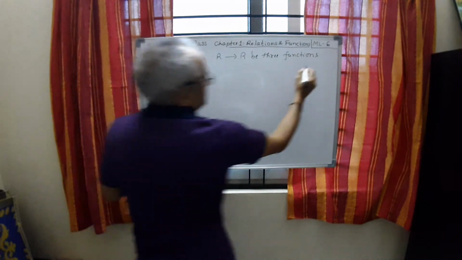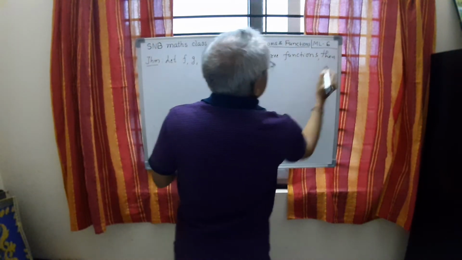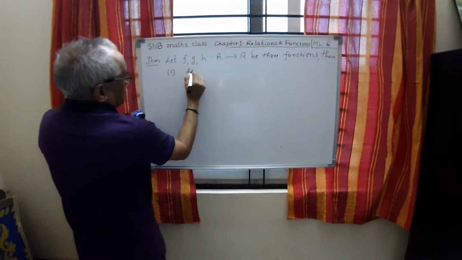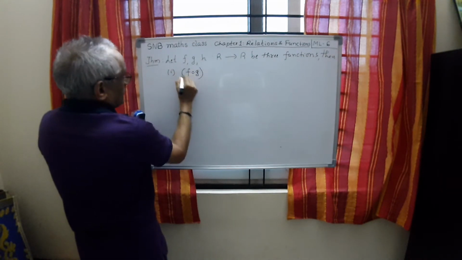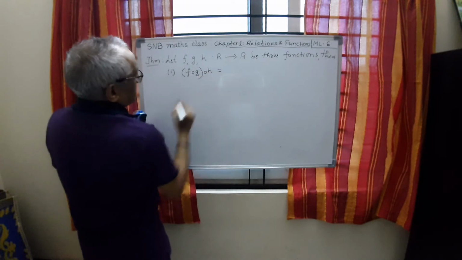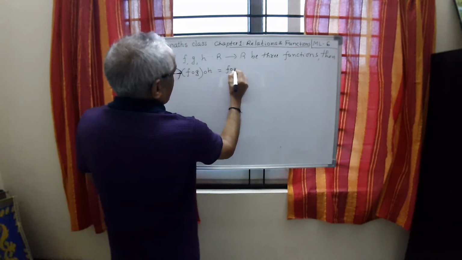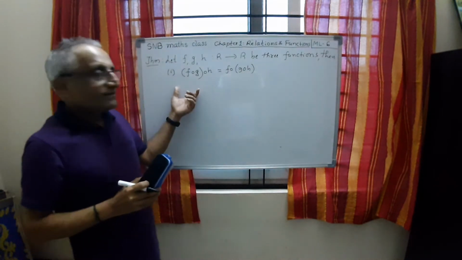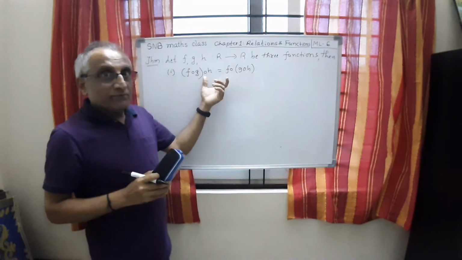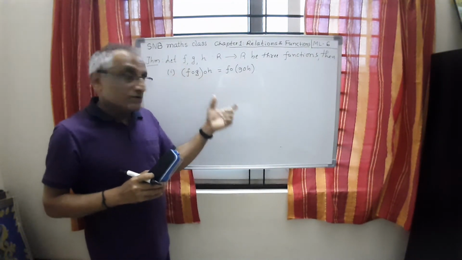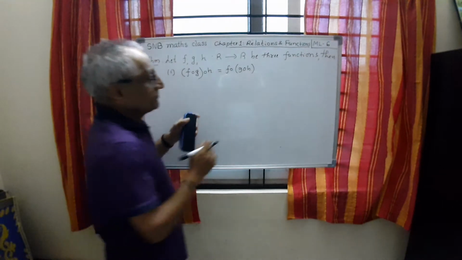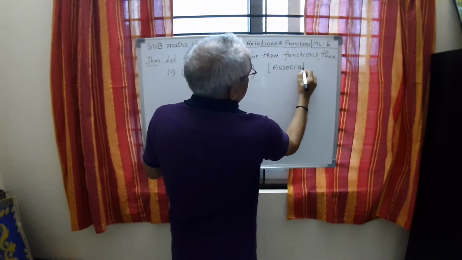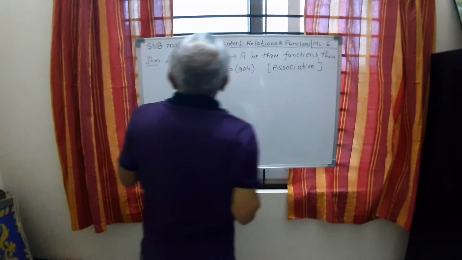Then the first one is (f of g) of h is the same as f of (g of h). This means it is associative. Composite functions are not commutative, but they are associative. Therefore this is the associative property.